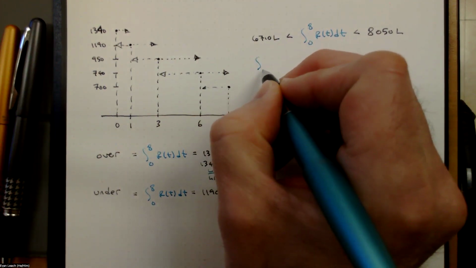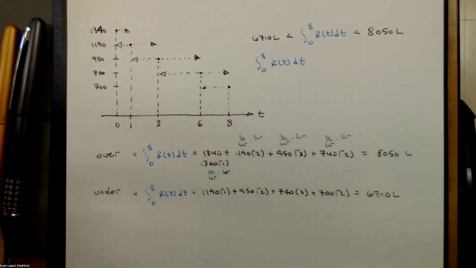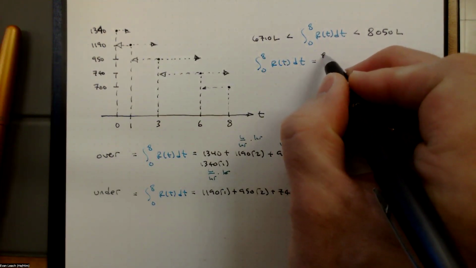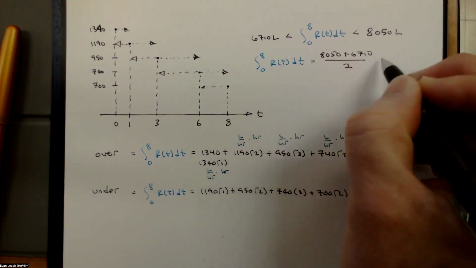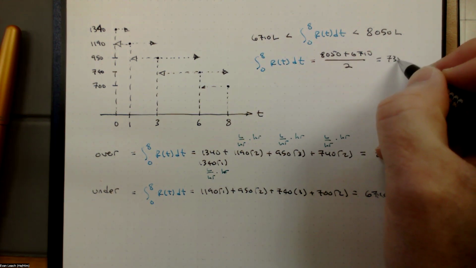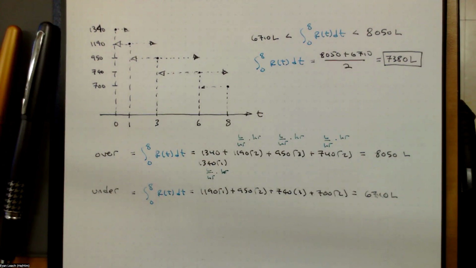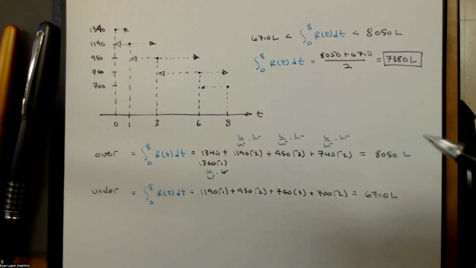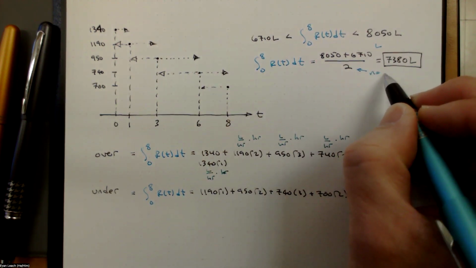So we might say that the integral from 0 to 8 of r of t dt is just the average, 8050 and 6710 divided by 2, which is 7380. And that's still going to be measured in liters. The 8050 and the 6710 are both measured in liters. We're just dividing by 2 because we're finding an average, so there are no units down here.